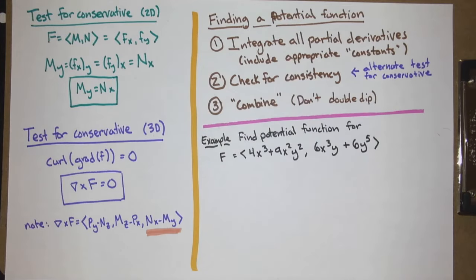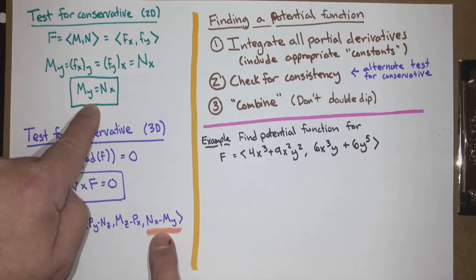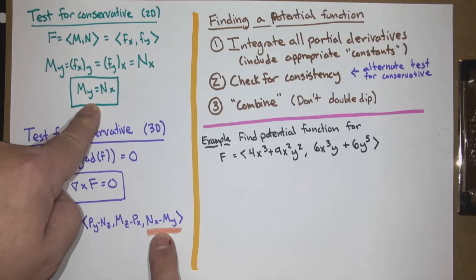So your test is take the curl. If you get 0 out, you're good. I wrote down what the gradient cross f is. I just want to point out this n sub x minus m sub y, if you set that equal to 0, it's the same thing as saying m sub y equals n sub x.